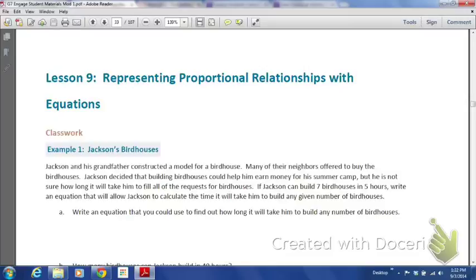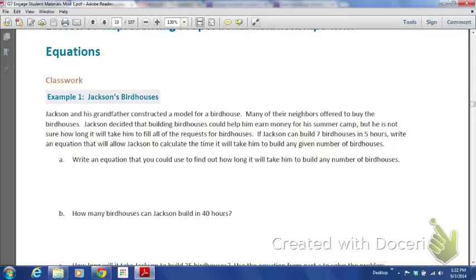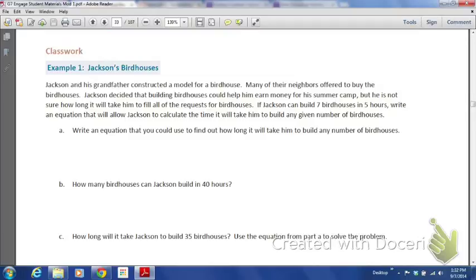Once again, here is our example 1, Jackson's birdhouses. Let me read it first. Jackson and his grandfather constructed a model for a birdhouse. Many of their neighbors offered to buy the birdhouses.